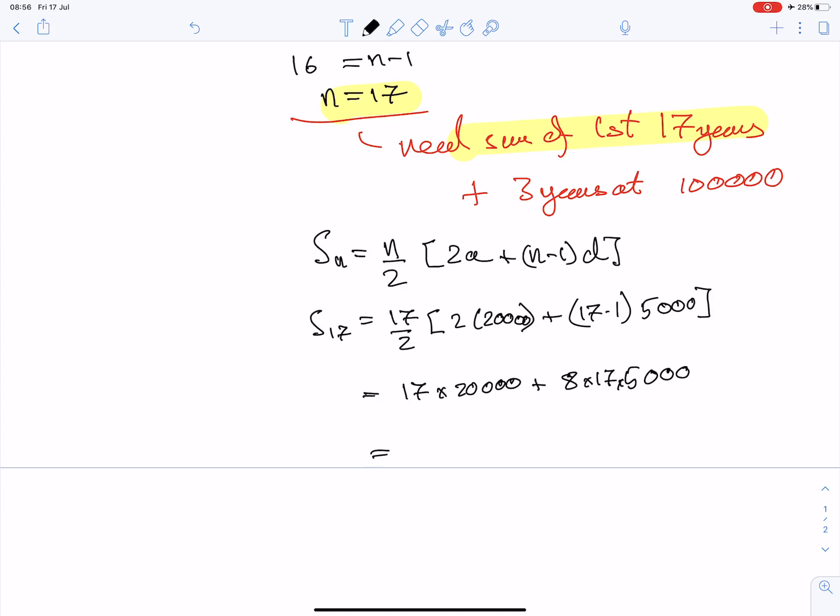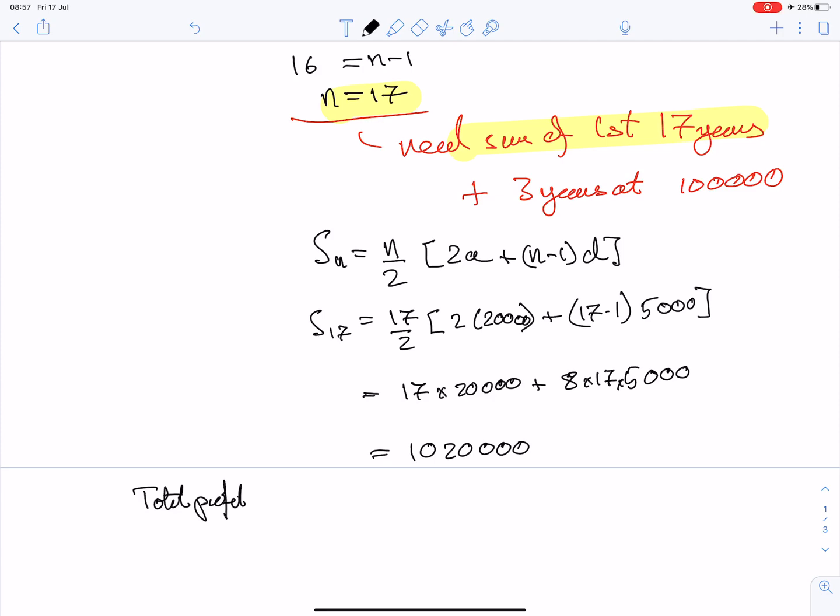You can tap that in the calculator, and it comes out to be £1,020,000 in the first 17 years, but we want the total profit in 20 years.